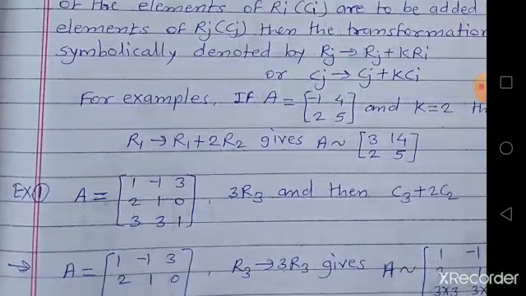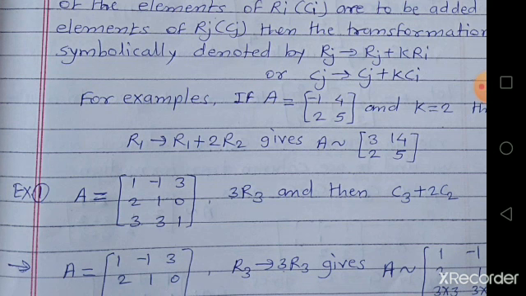In exercise first, solve example first. A is the matrix with first row 1 minus 1 3, second row 2 1 0 and third row 3 3 1.